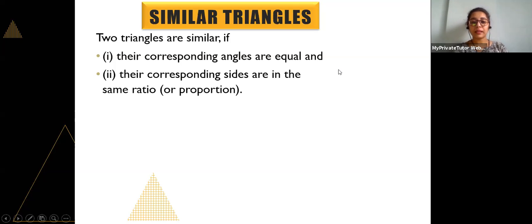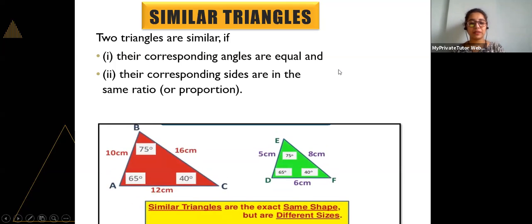Okay, so we have an example. We have triangle ABC and triangle DEF. If you carefully observe both of these, what is the measurement of angle A? 65 degree. What is the measurement of angle D? 65 again.